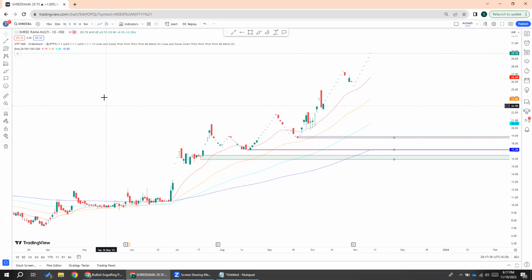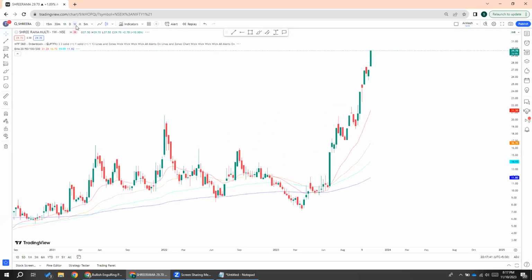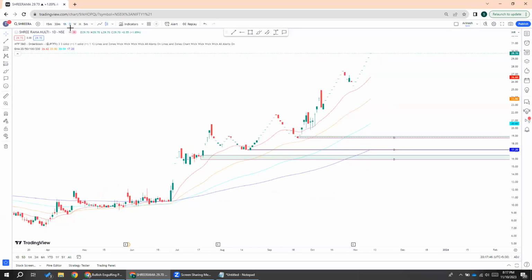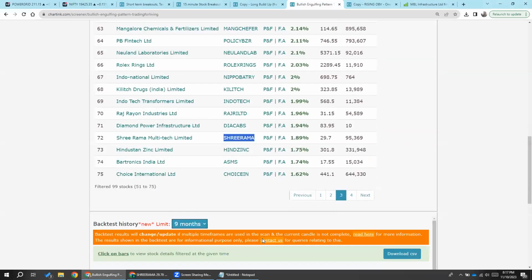Sriram Multi. This is also going good. Not convinced by the chart behavior, but it is going good.